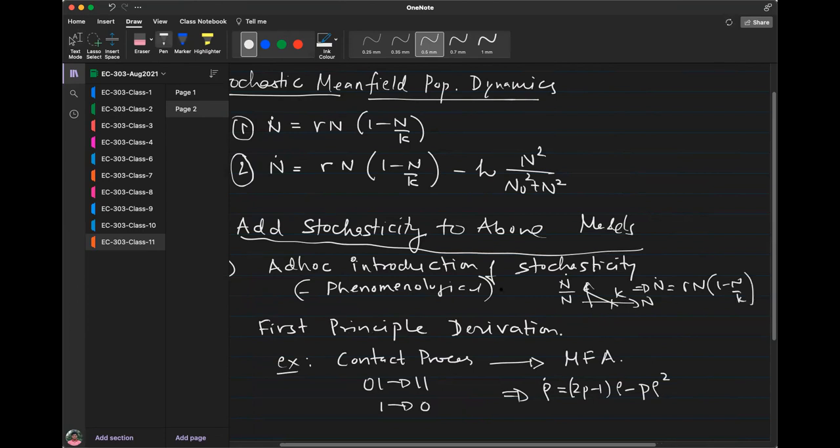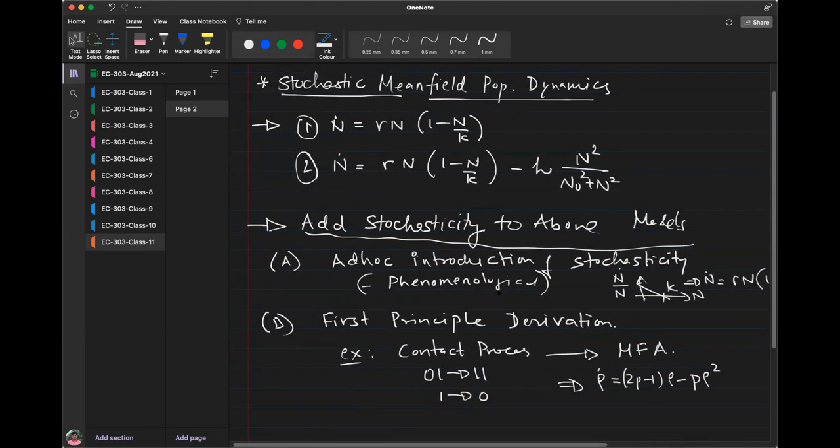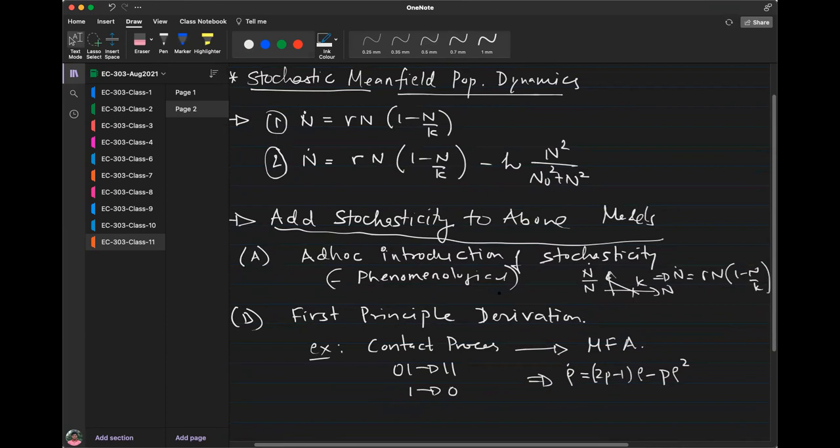This would be a semi-phenomenological or semi-mechanistic approach. Likewise, just as there are two ways to write down a mean field population dynamical model, the same applies to the stochastic mean field model. We can write them in two ways.